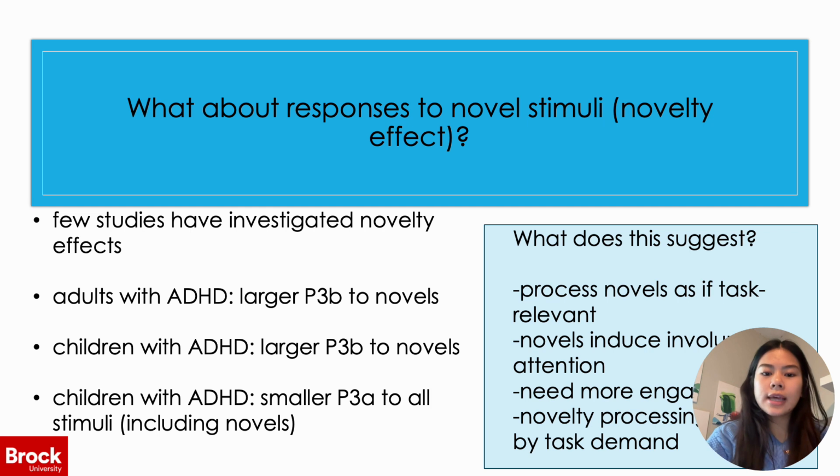This also suggests that people with ADHD need more engagement to focus and redirect their focus on that task-relevant stimuli compared to getting distracted by the novel stimuli. And perhaps this suggests that novelty processing depends on task demand, so whether a task is easy or hard.